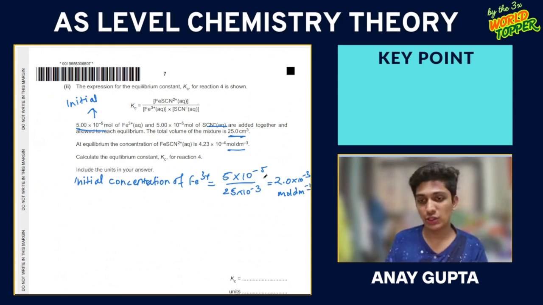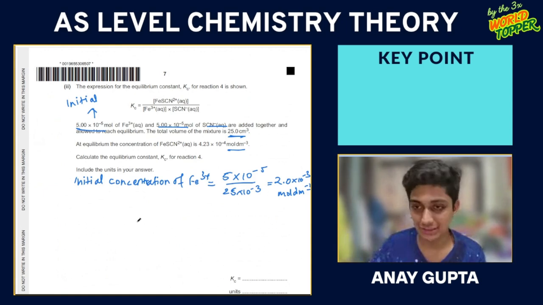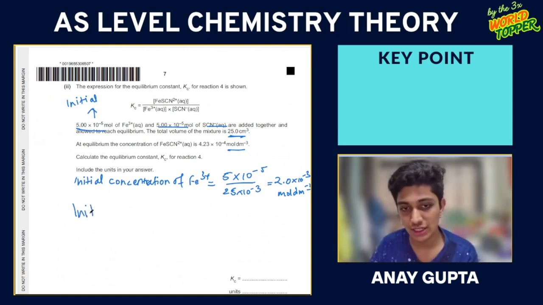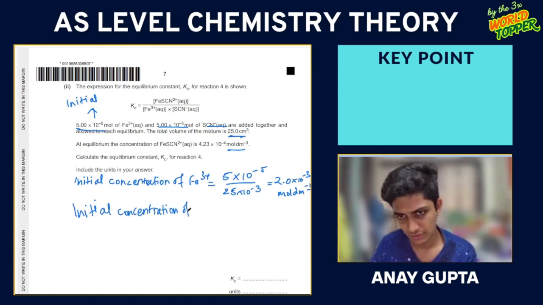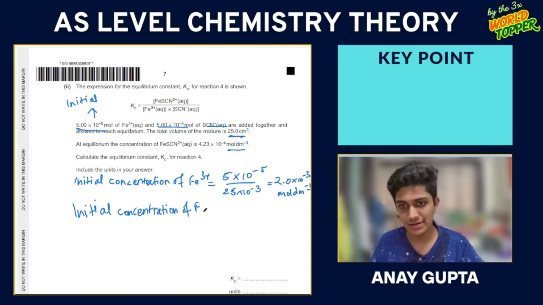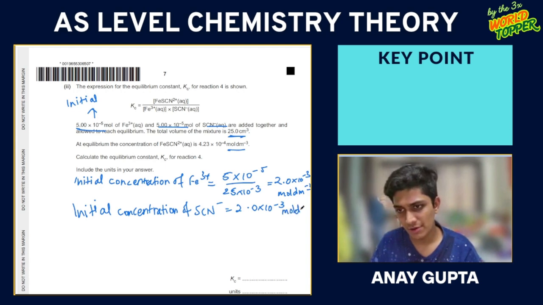Now, because the moles of SCN- are also the same, I can say the initial concentration of Fe3+ and SCN- is also equal to 2.0 into 10 raised to minus 3 mole per dm cube.